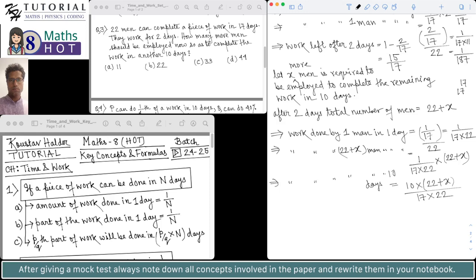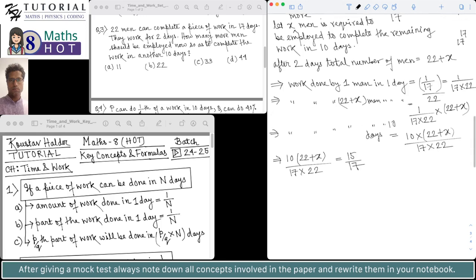So we have to solve this linear equation in x.